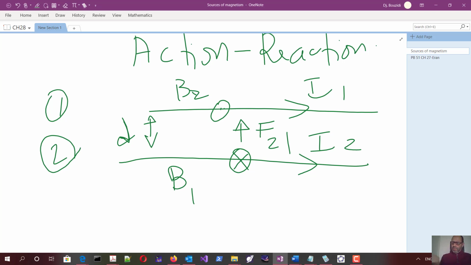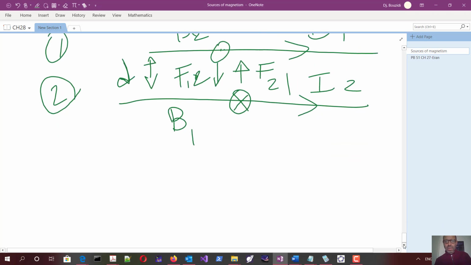Now I have a current running this way and the magnetic field coming out of the screen, so the force is going to be pointing down, as we would have argued with Newton's third law. Magnitude-wise, both forces will be identical, as the third law would have predicted.